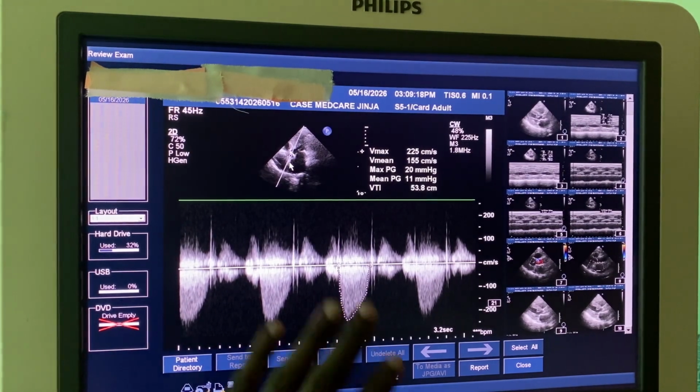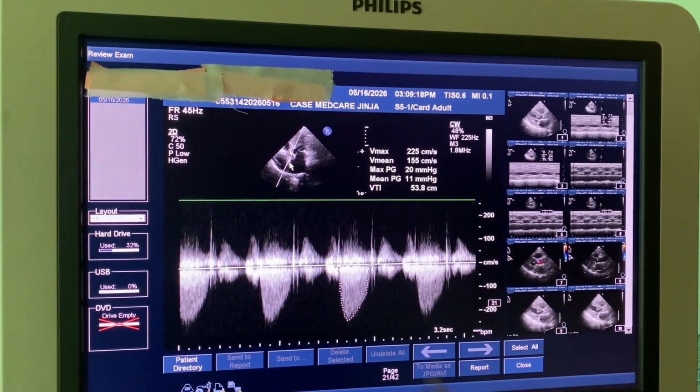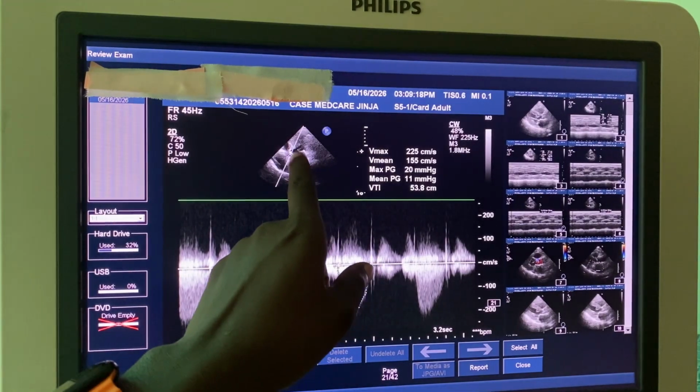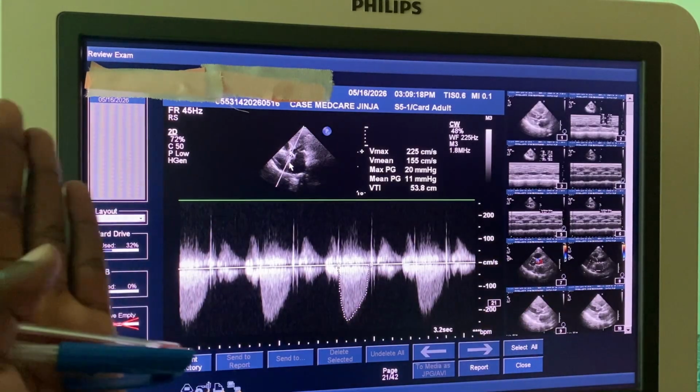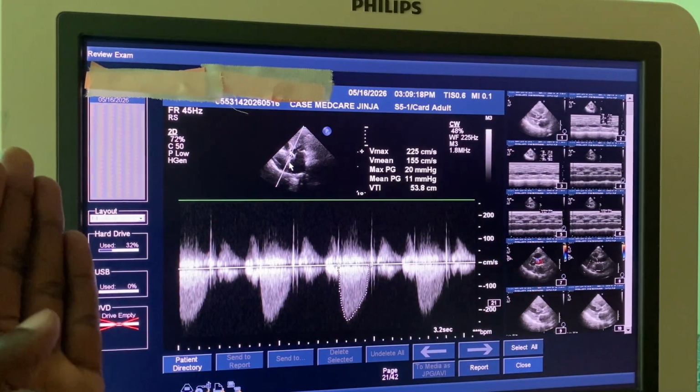Otherwise, there are drugs we can give to make the heart pump faster and see if we can increase the valve area. Because there is no reason why the valve should open that wide when the blood passing is less. If less blood is passing, the valve will open less, as in this one. If much blood is passing, then the valve will open wide.